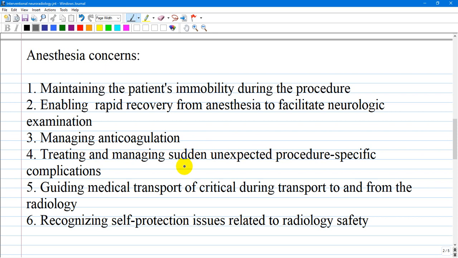Also, if bleeding is detected, we can give some procoagulants, or if there is a risk of thrombus formation, we can give heparin at a dose like 70 units per kilogram. Also guiding the medical management of critically ill patients during transport to and from the radiology suites, and recognizing self-protection issues related to radiation safety.